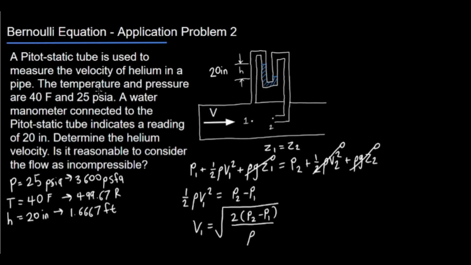We can typically assume that this is an ideal gas if it's flowing at 40 Fahrenheit and 25 psi. That's warm enough to keep it from being liquid. It's essentially superheated. So you just need to know that helium applies as an ideal gas here. Really, also, this is the only way to get density, so that's kind of a hint.